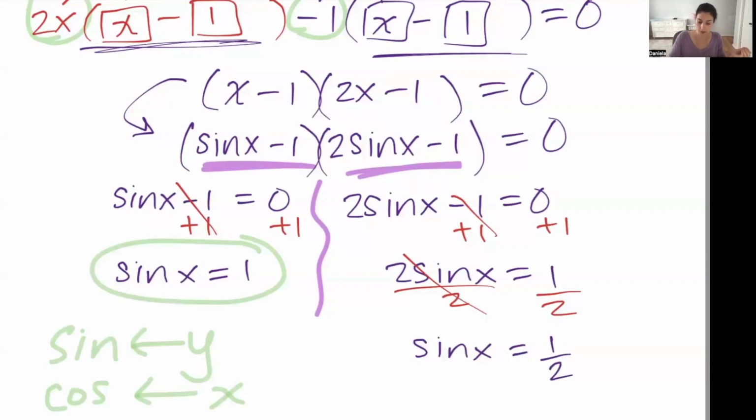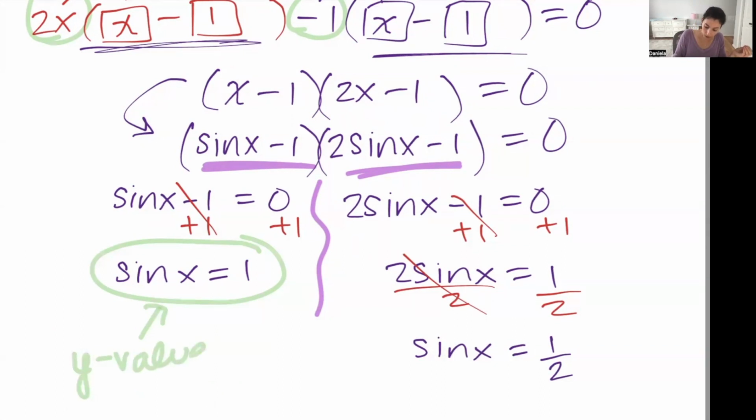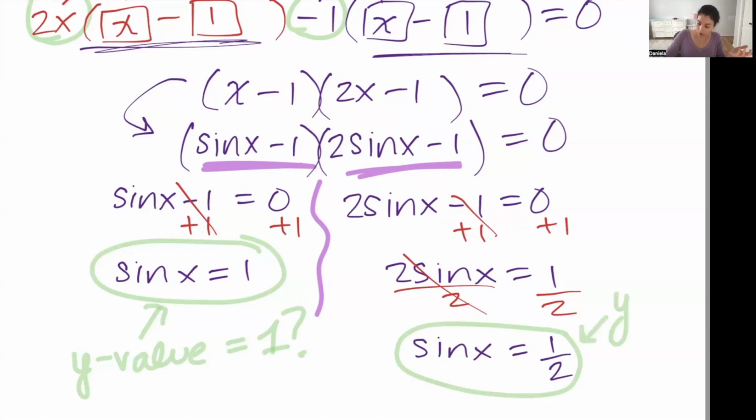So since sine is the y value of the ordered pair, what this is asking for is where does the y value equal positive 1 on the unit circle? Could be one spot, could be multiple spots. This one over here is also a sine equation. This is asking where on the unit circle you see a y value of positive 1/2. Also could be one or multiple spots.